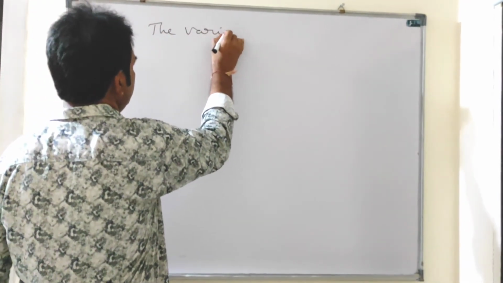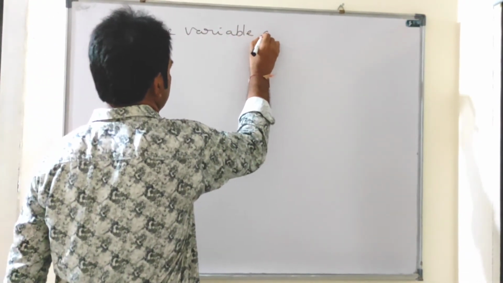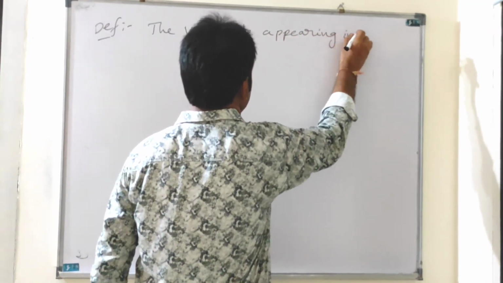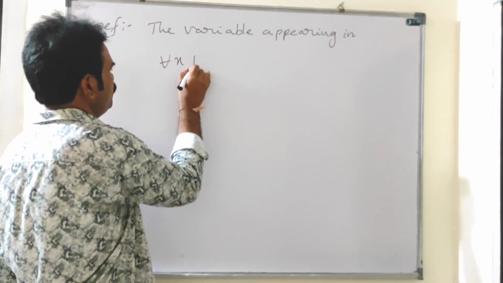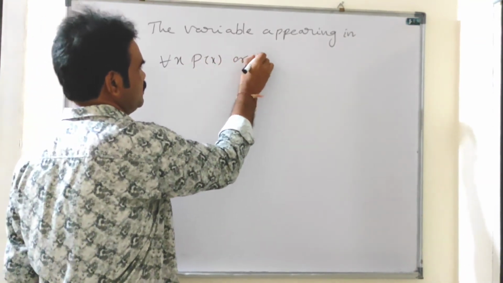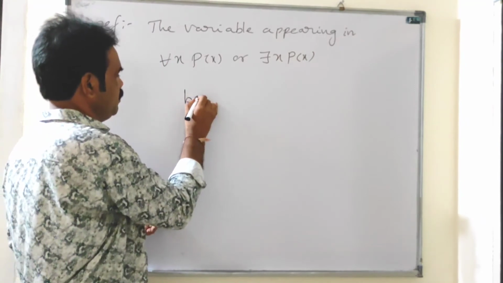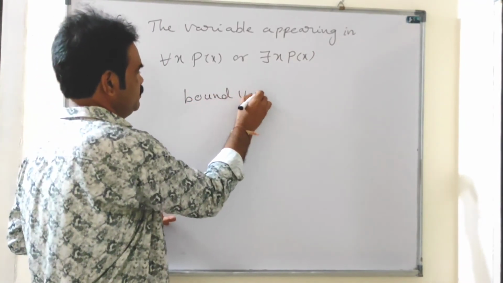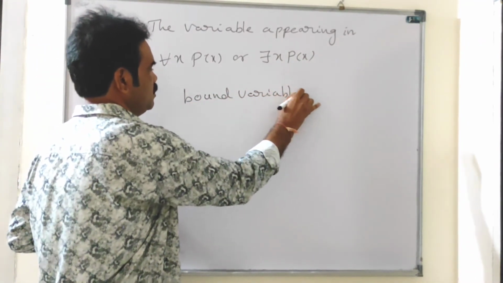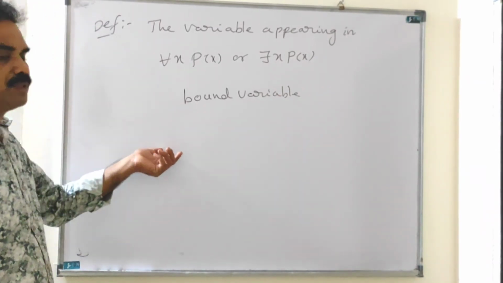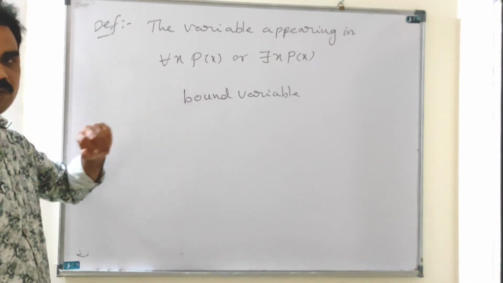The variable appearing in for all x, P of x, or there exists x, P of x, is called a bound variable. That means when a quantifier is used on the variable, that is called a bound variable.